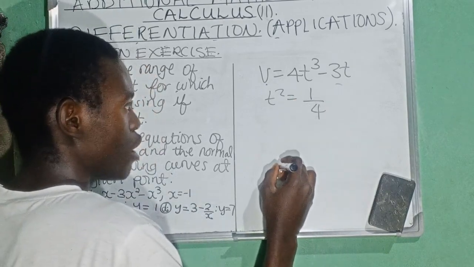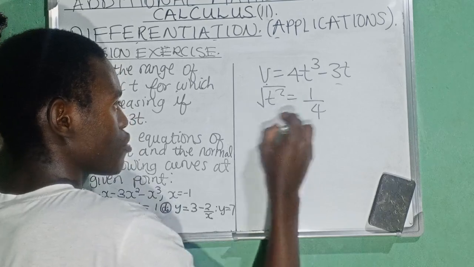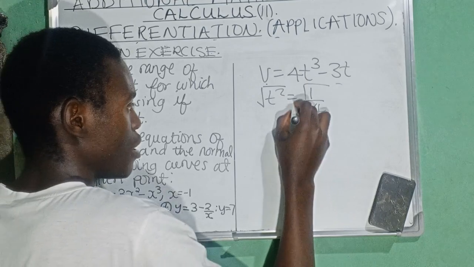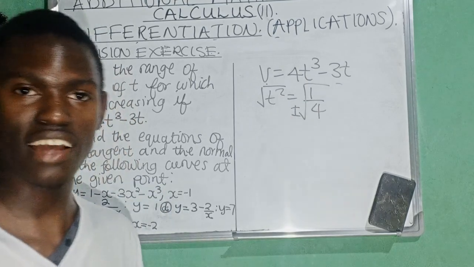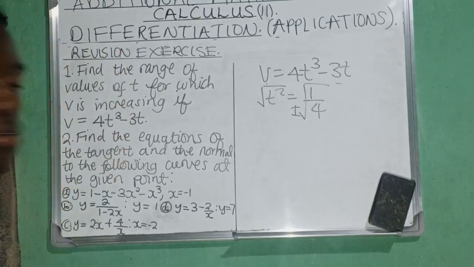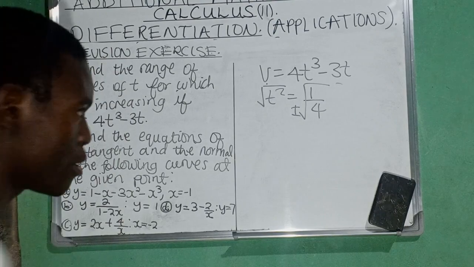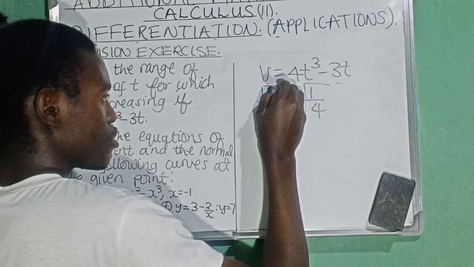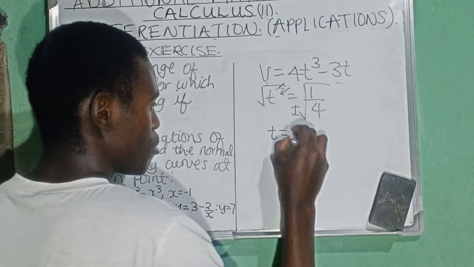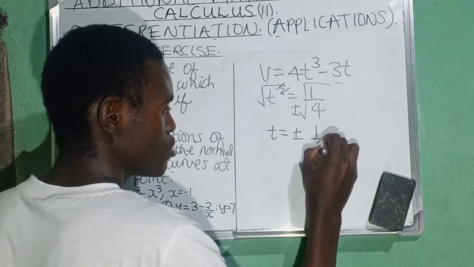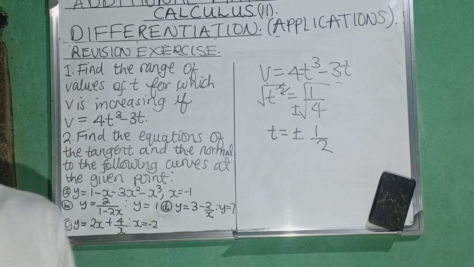To find the value of t, we take the square root on both sides of the equation, so we need to apply the plus or minus. The square cancels with the square root, and t is equal to plus or minus the square root of 1 over the square root of 4. The square root of 1 is 1, the square root of 4 is 2, so t is plus or minus 1 over 2.